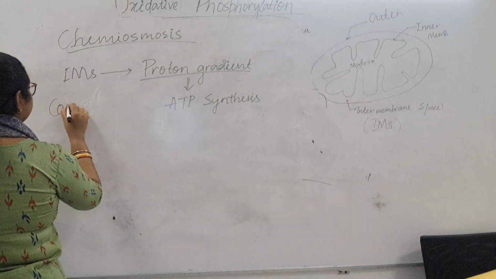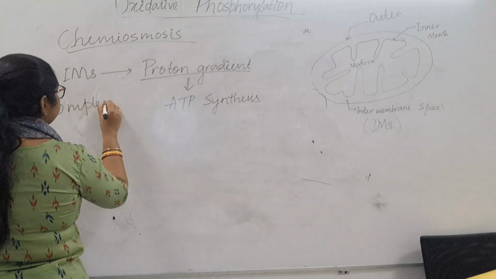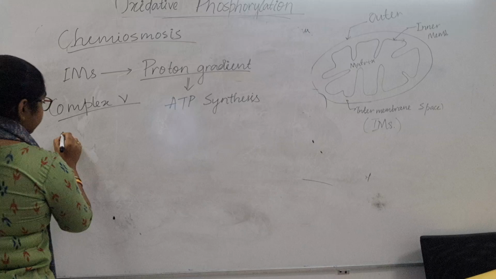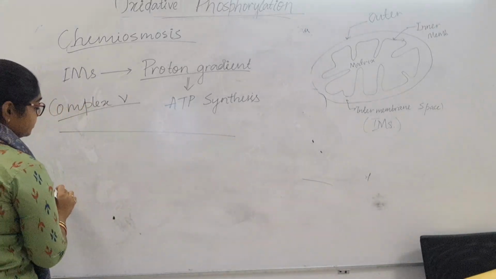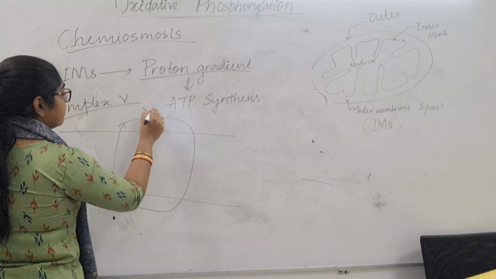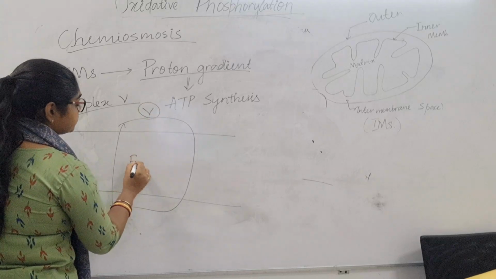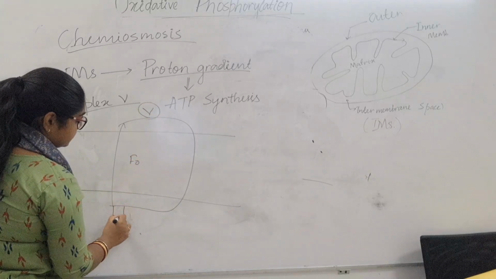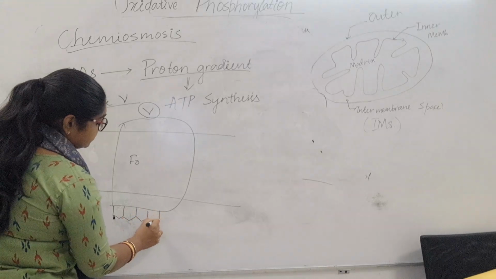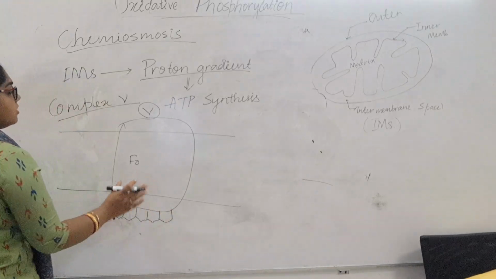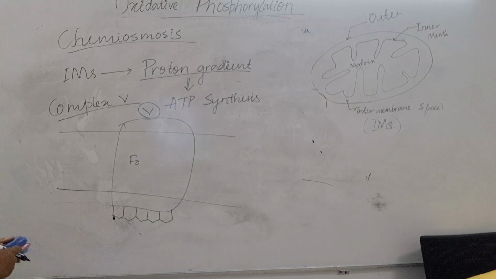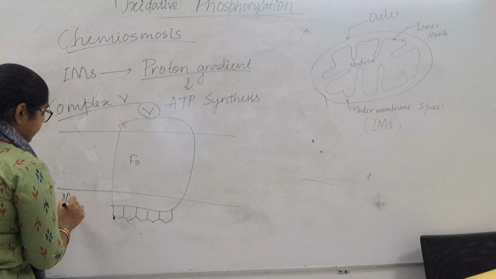Complex 5 is there. Again this is the inner membrane. It is complex 5. There is an F0 present, and the structure has an F1 part, pointing towards the matrix of the mitochondria.